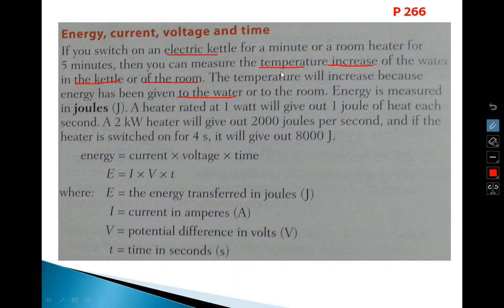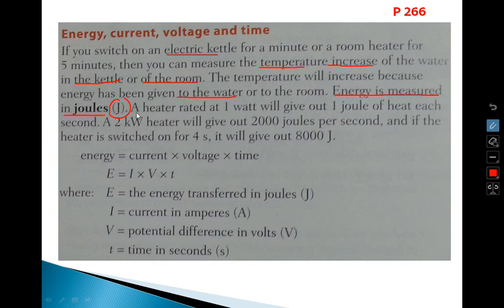So there is an energy transfer from those equipments to the water or to the room. So the temperature will increase because energy has been given to the water or to the room. Energy is measured, as we said before, in joules, J.